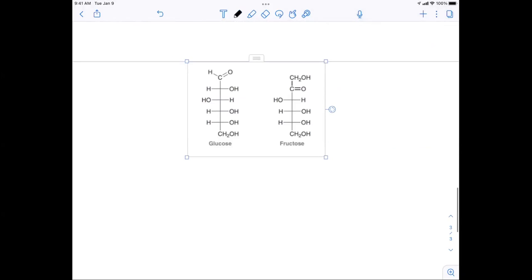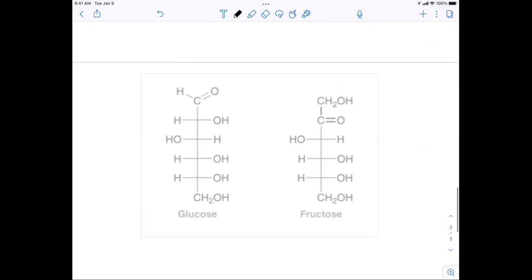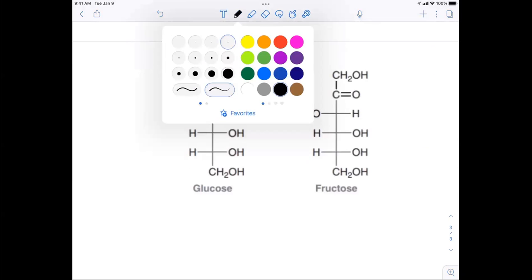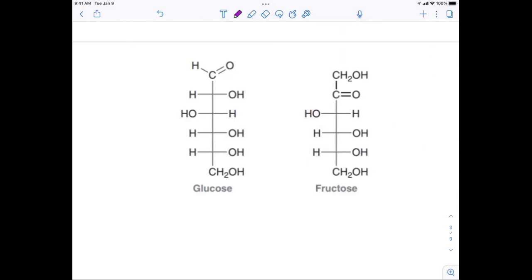If we look at our fundamental aldoses and ketoses, we have glucose and fructose. So this is an aldose. This is a ketose. Both of them have 6 carbons, so both of them are C6H12O6.